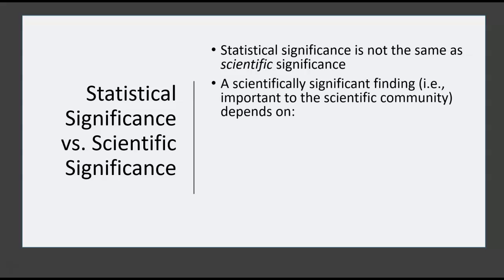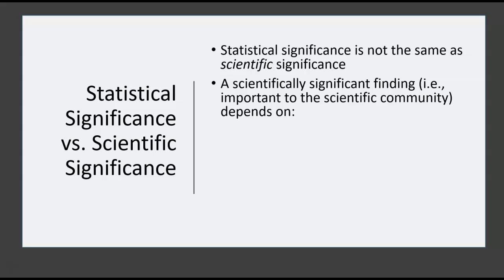They're not the same thing. Scientifically important findings are findings that are important to the scientific community. Like right now, it is super important that we have coronavirus tests that are accurate. In that case, that data is scientifically important. It's very significant.